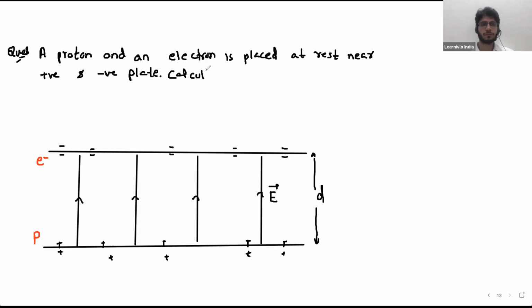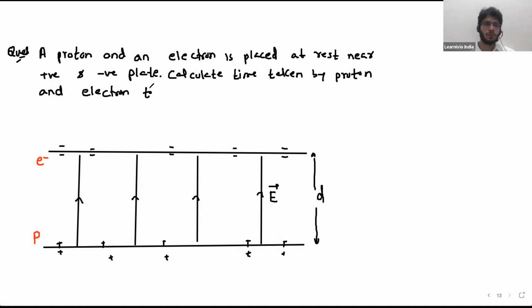Calculate the time taken by proton and electron to reach the opposite plate.